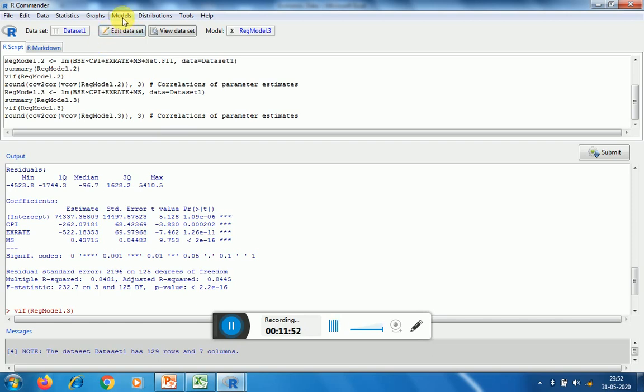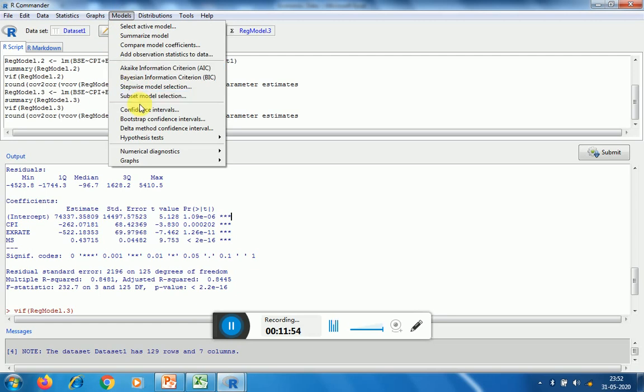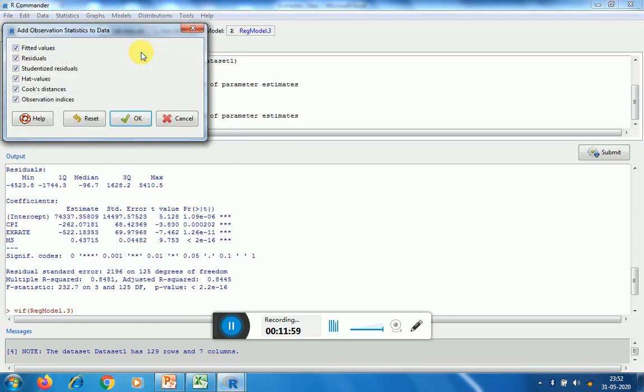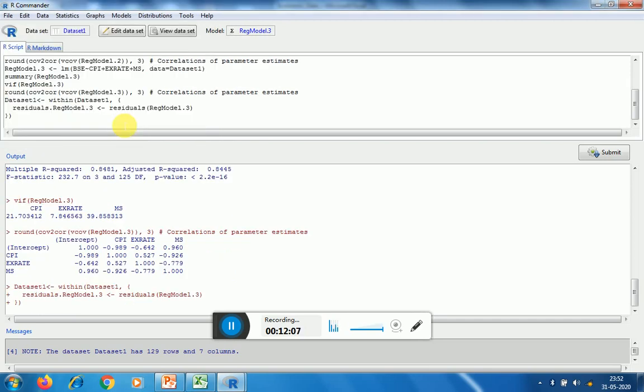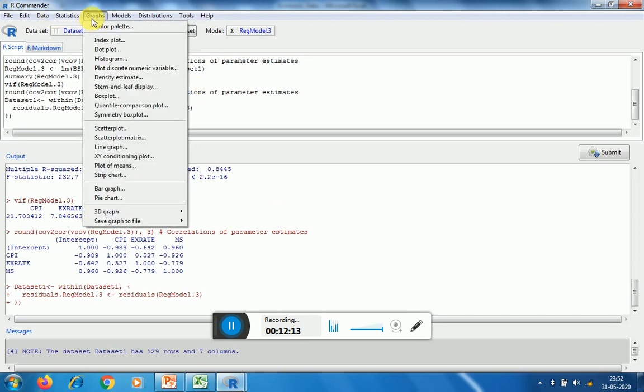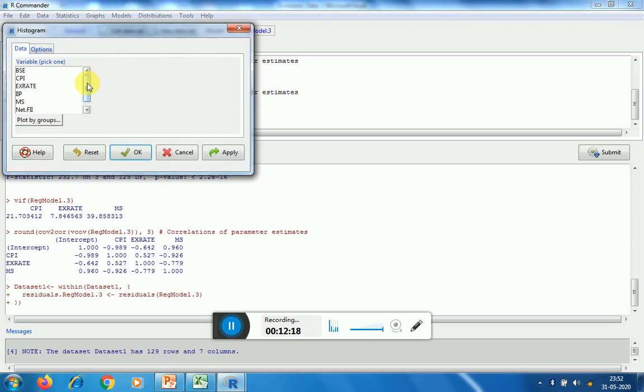So model, and then here add observation statistics to data, then fitted values. So we'll keep only residual, and then click OK. So you will get, now go to the graphs, plot histogram for residual obtained for this model.